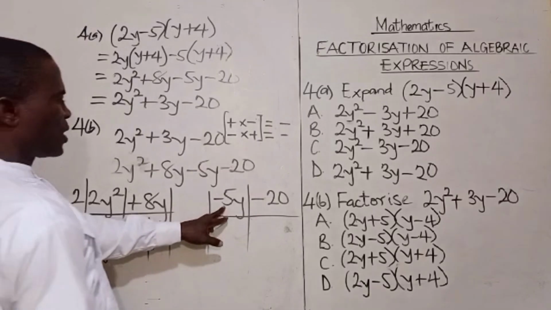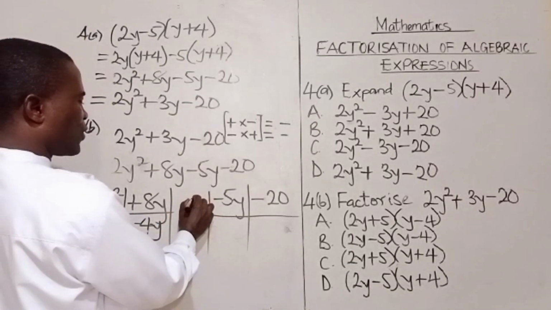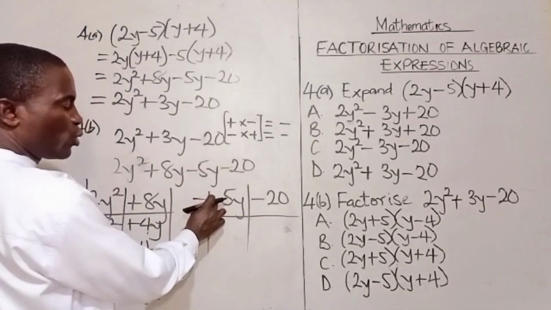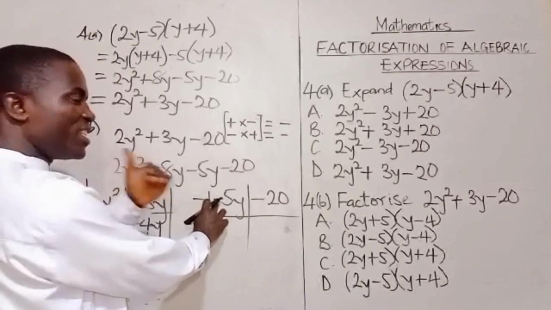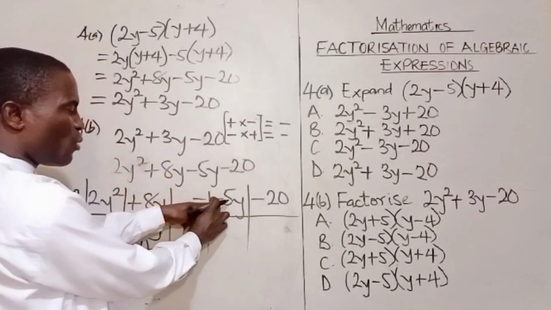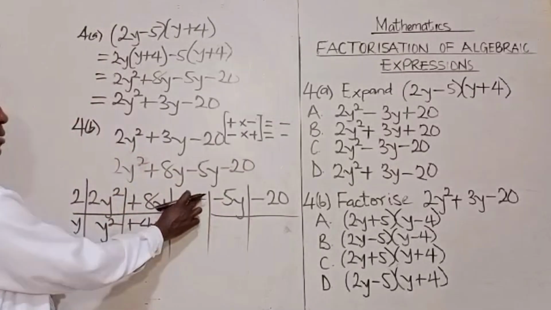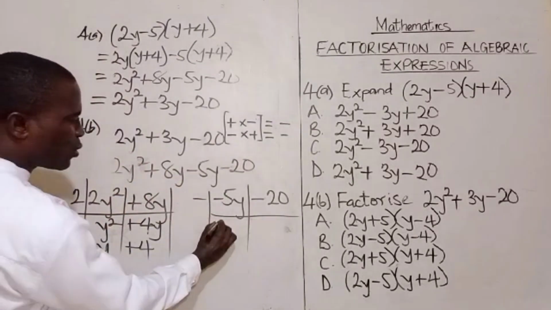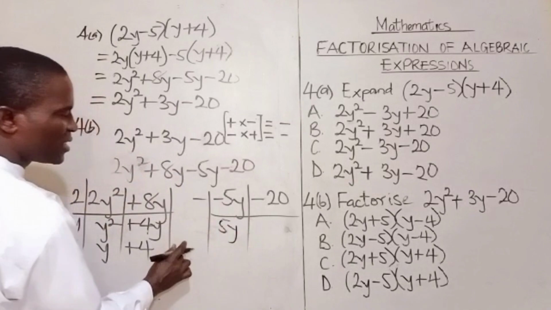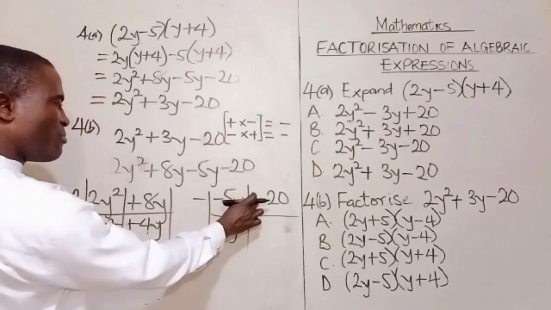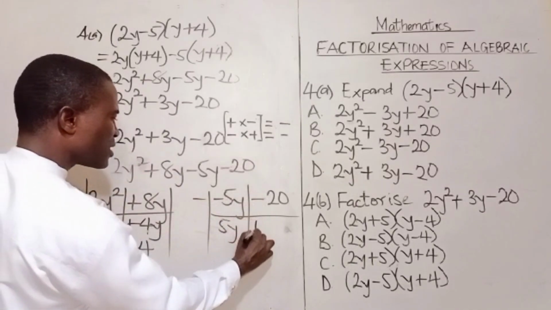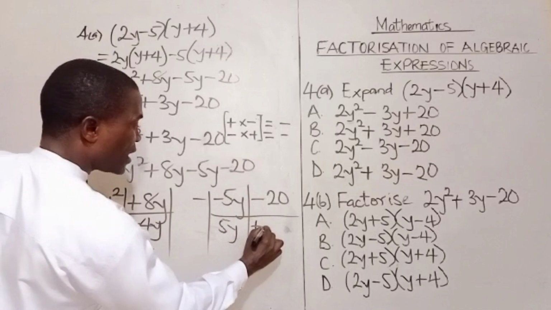So we proceed to this one. What is common here? We first of all pick minus, because we don't want minus to begin a process. So we have to see how we're going to take this minus away from here. So we have taken minus. Minus times minus gives us plus. So we have 5y. Then minus times minus here again, we have plus 4 plus 20.